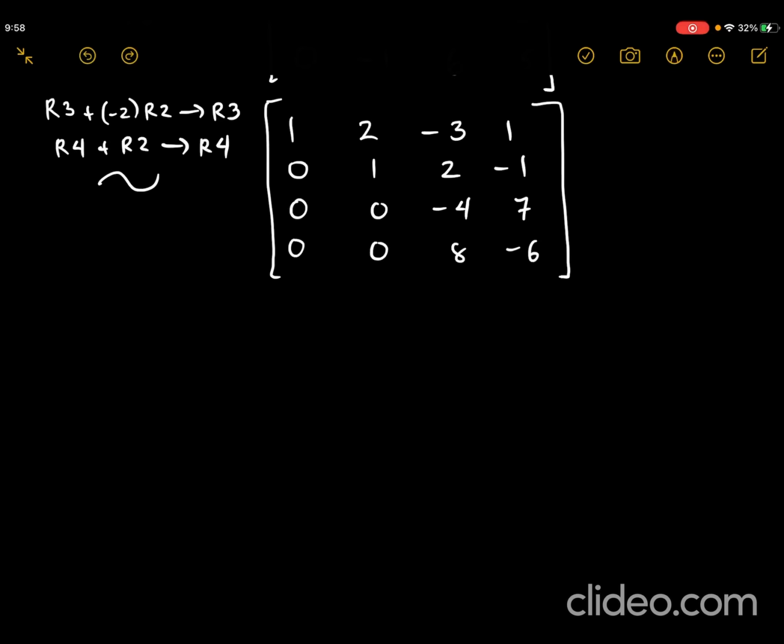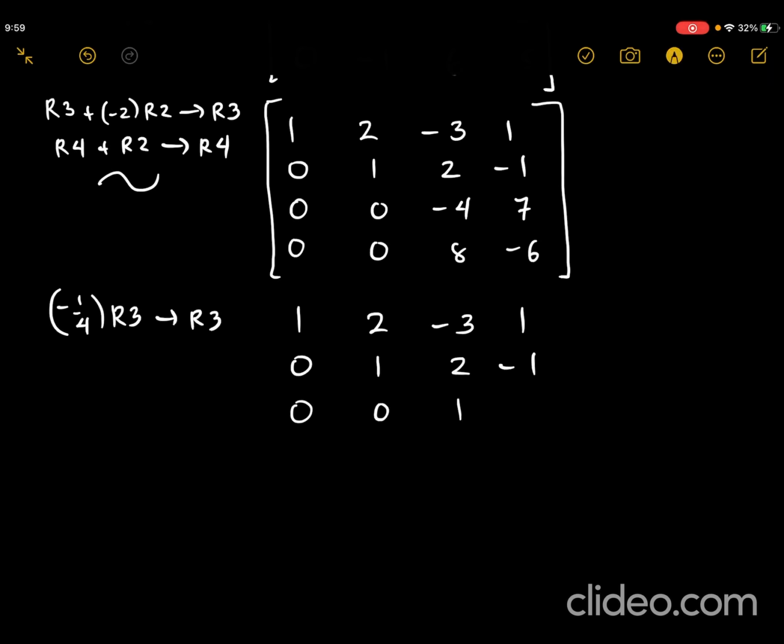So we have to multiply the third row by negative 1/4. Negative 1/4 times row 3, we'll have 1 here, negative 7/4 here.